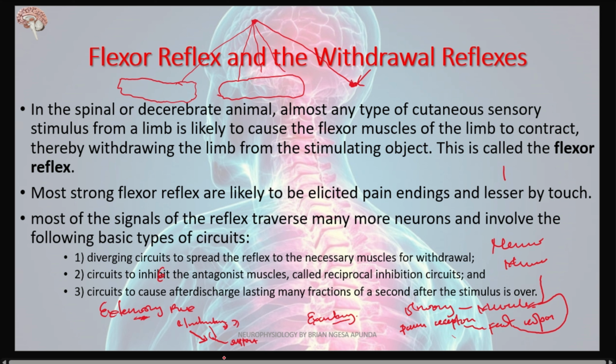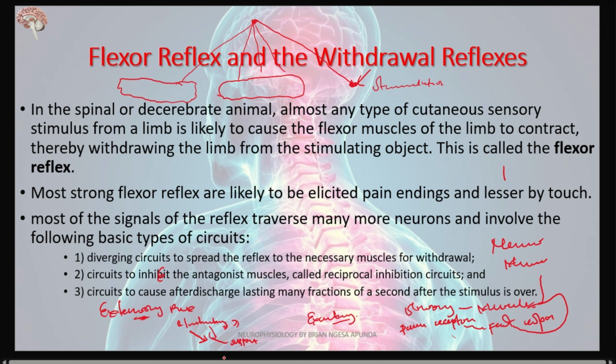So sometimes you can have the circuit cause an after-discharge lasting many fractions of a second after the stimulus is over. So you are still having some form of withdrawal despite just having a one-time stimulation. It will make sense if somebody says that I'm giving you a continual insult.